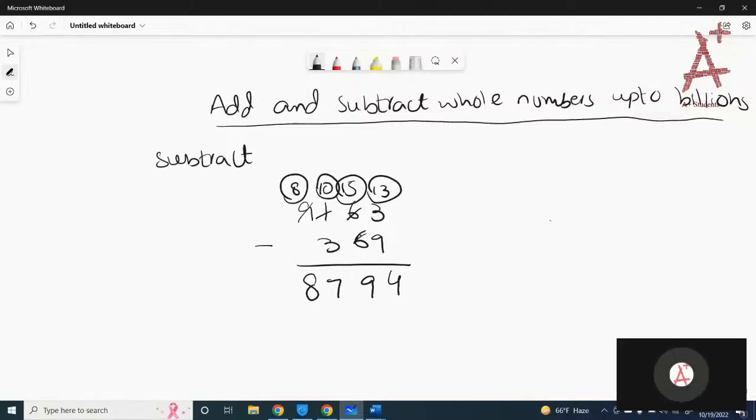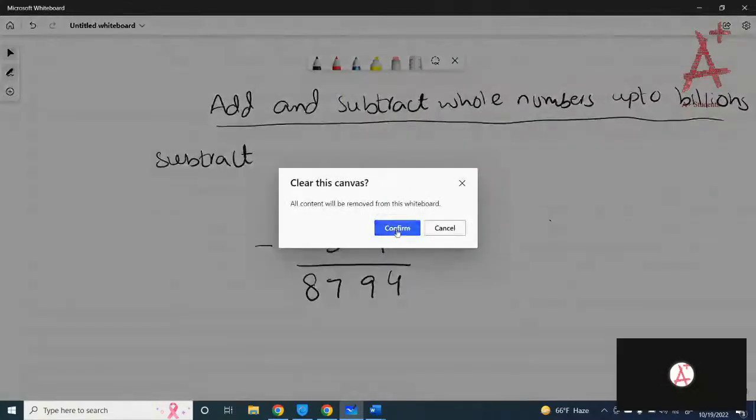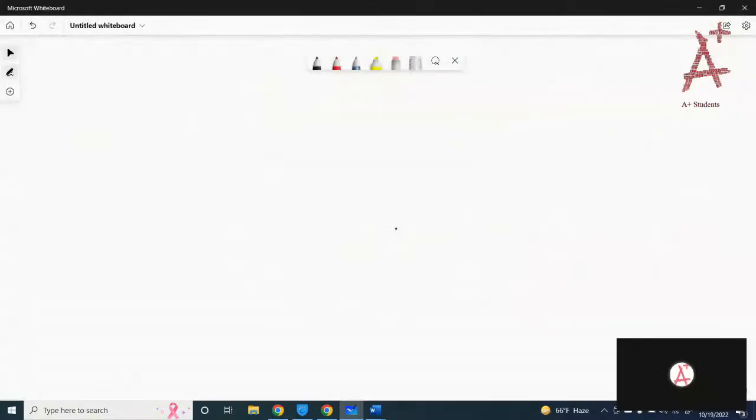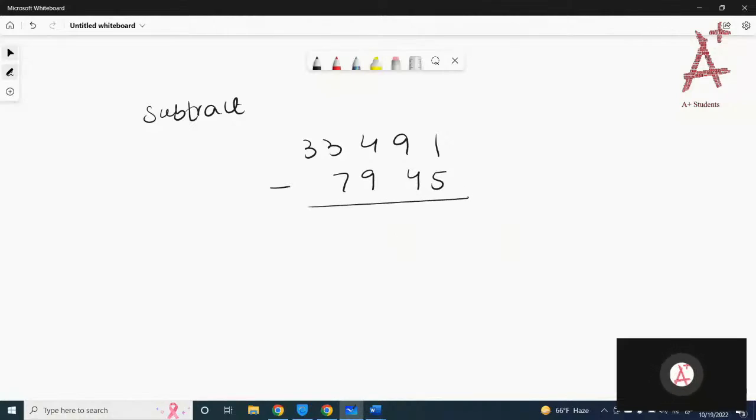Okay, let's start with another example. Okay, the next one is you have to subtract 7,945 from 33,491. Whenever you are subtracting numbers, you always start with the ones digit.